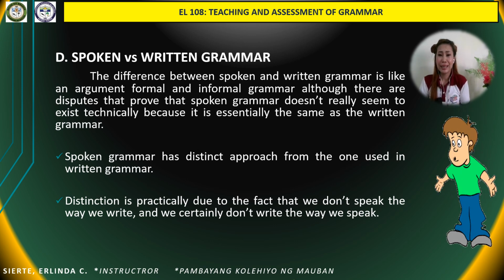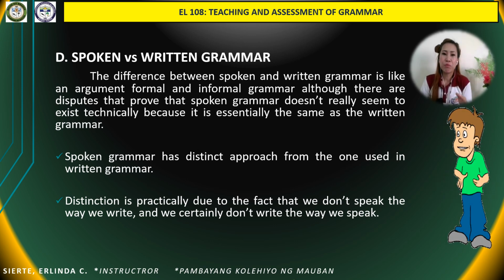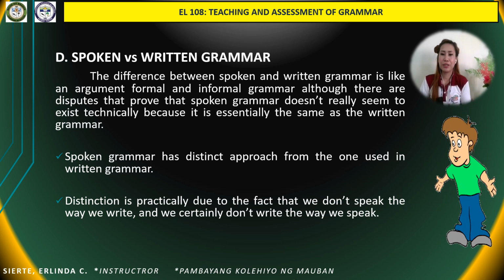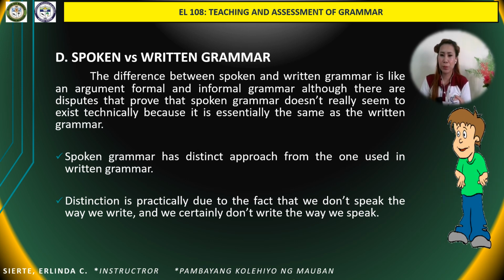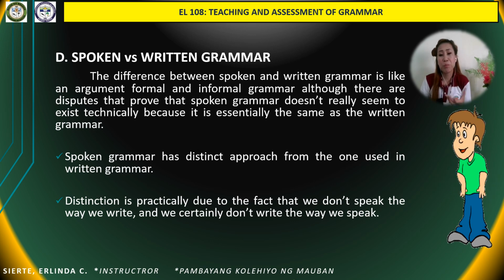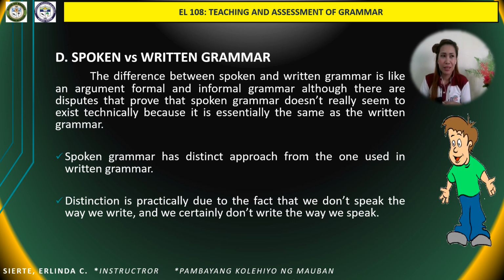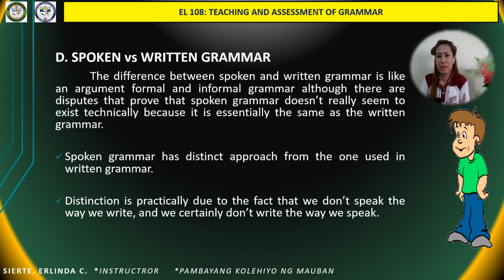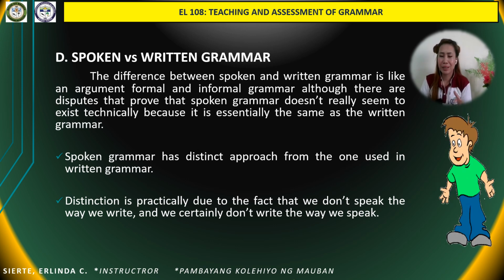Of course, the way we speak really differs from the way we write, because there are those kinds of individuals who are really good in speaking, speaking orally, speaking publicly, and yet they cannot even think well if they are going to write.